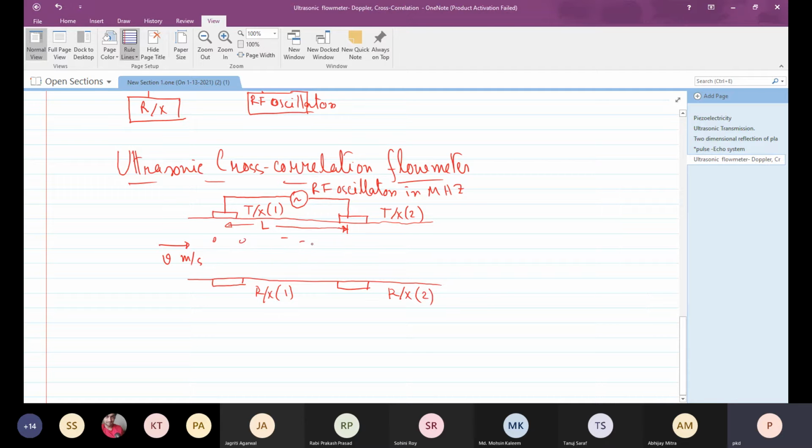Then just like before, there are particles.